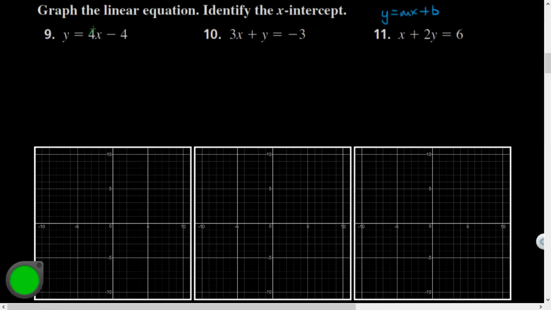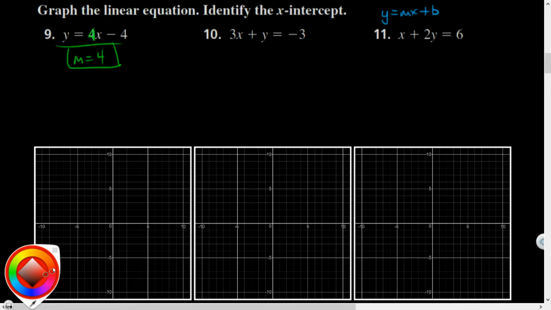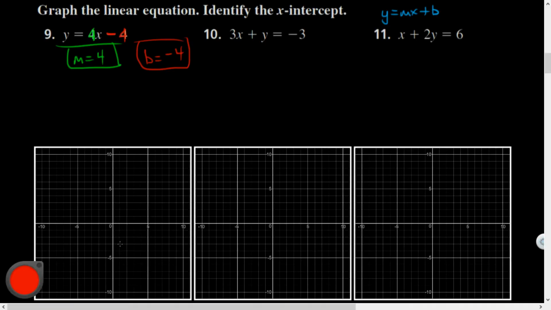Here the slope is 4, and the y-intercept. No, it's going to be the plus b. So guys, if I want to graph this, I'm going to start at -4, begin at the b, and then move by the slope. Amity, Jimmy, right? Up 4 over 1.